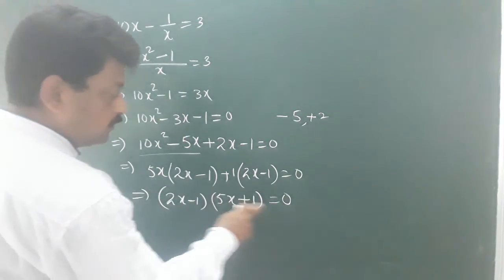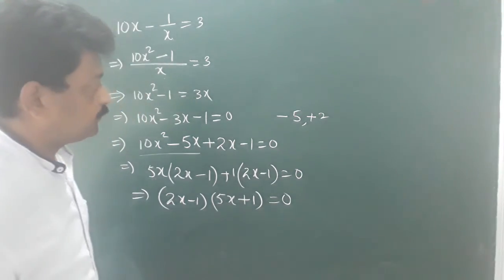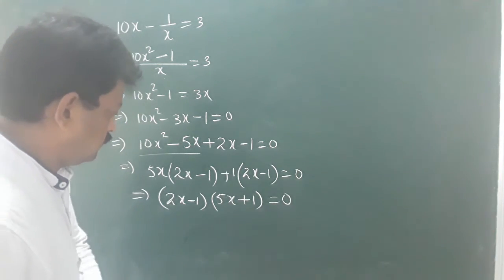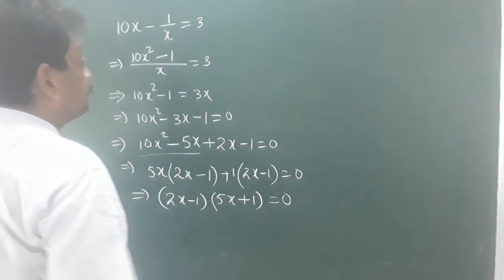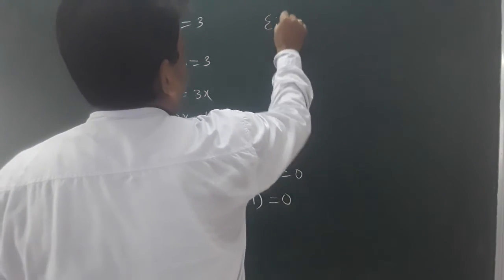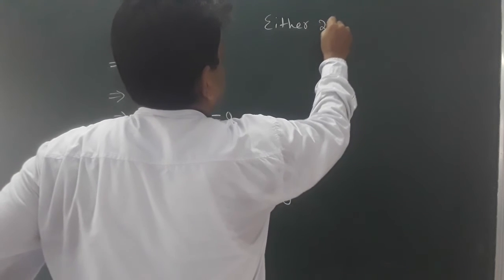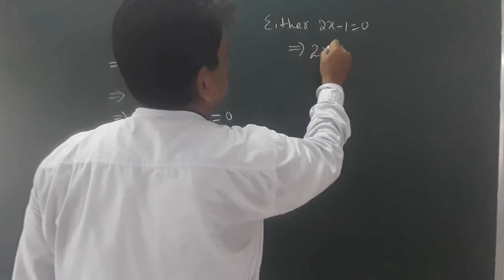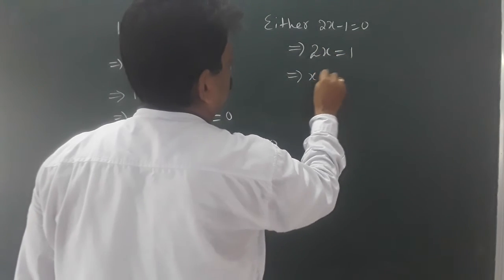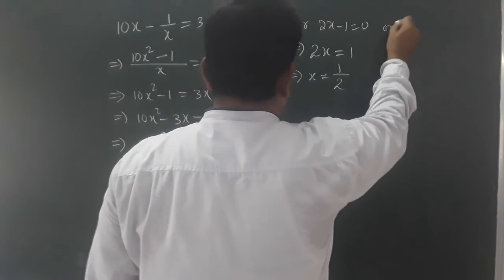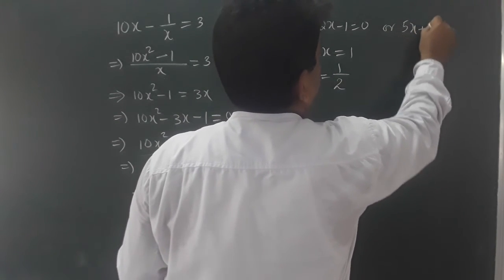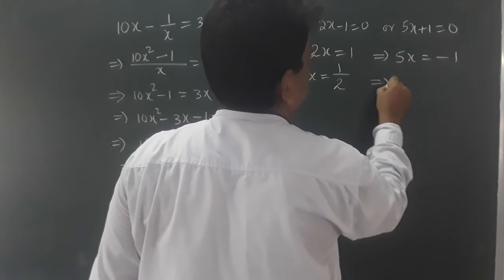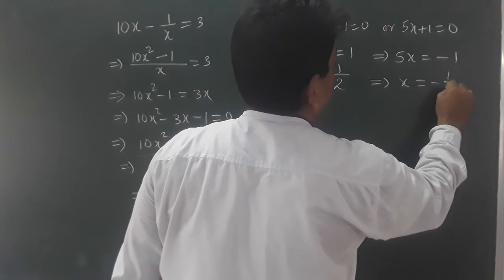So either the first factor equals 0 or the second factor equals 0. So either 2x minus 1 equals 0, which implies 2x equals 1, which implies x equals 1 upon 2, or 5x plus 1 equals 0, which implies 5x equals minus 1, which implies x equals minus 1 upon 5.